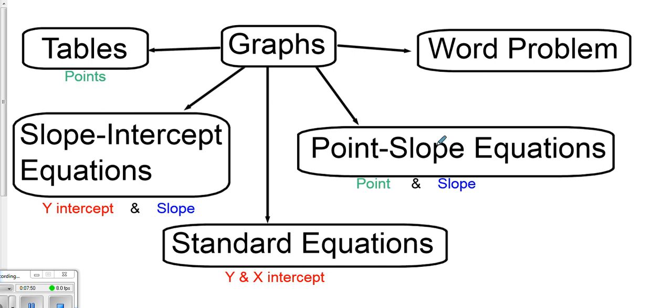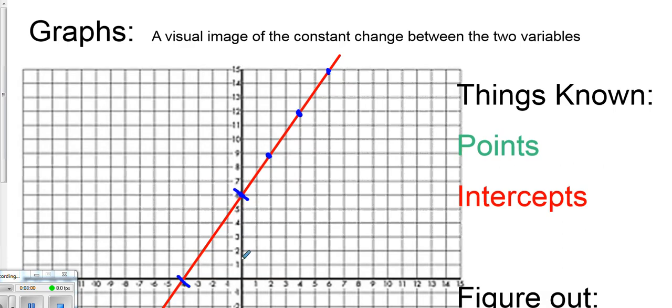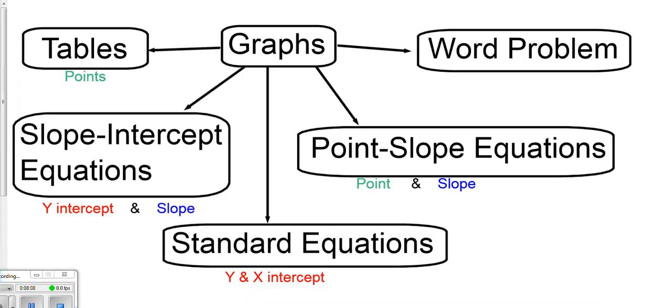You can write a point-slope equation using any of those points and the slope. And you can even go back into a word problem again if you know what your x variable is talking about and what your y variable is talking about. If you have a label for those variables, you can make a word problem from it. So again, from a graph, you can make a bunch of different things.